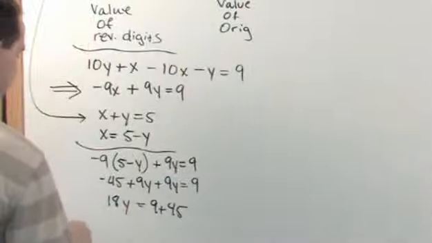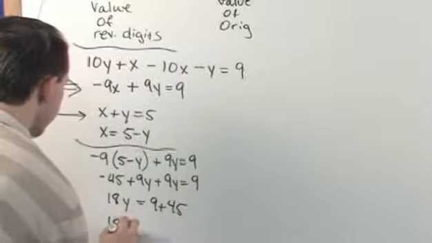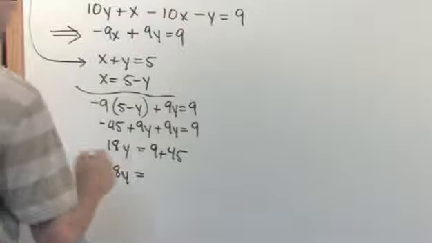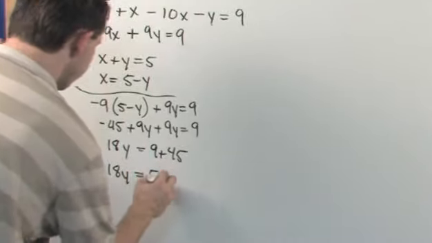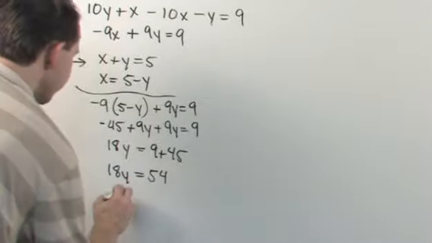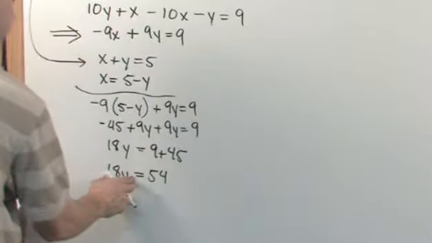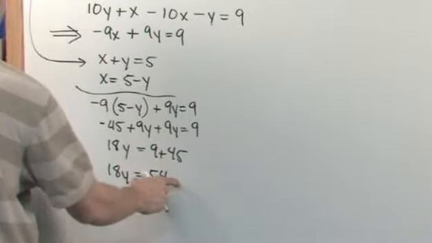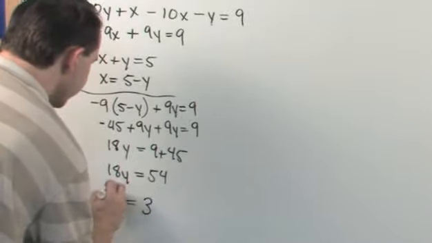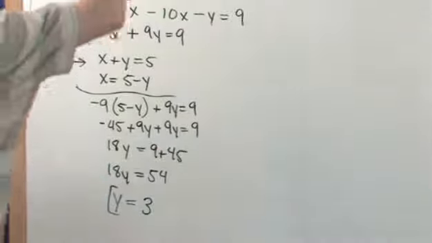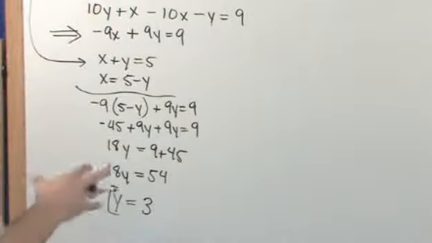So 18y is equal to 9 plus 45, which is 54. If you divide both sides by 18, 18 divided by 18 is 1, and 54 divided by 18 equals 3. So finally, after all of that, y is equal to 3.